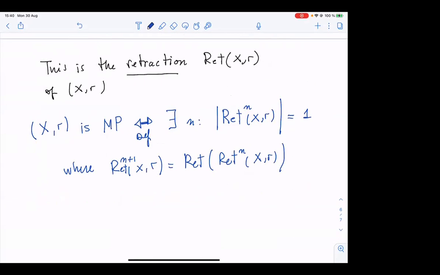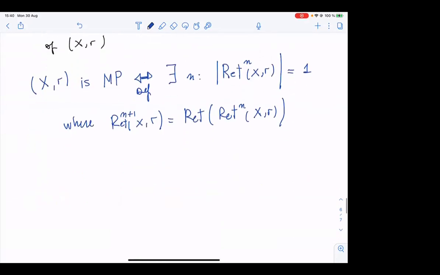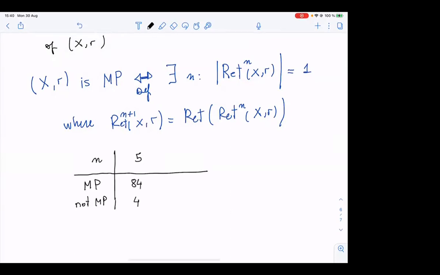I can show you that indeed almost all small solutions are like this. Let me put n here, the multi-permutation solutions, and then the not multi-permutation solutions, just some numbers. If you put 5, you get 84 here and 4 here. For 6, you remember this was the number of solutions, and then 41.